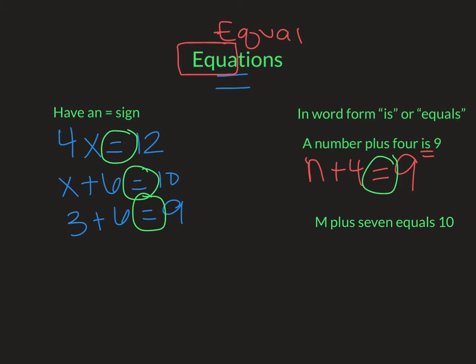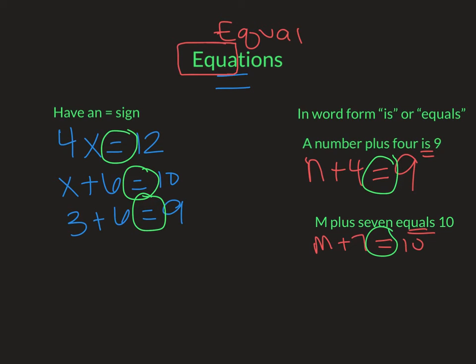Okay, you can see it might be in a variety of different ways. M plus 7 equals 10. So if we were to write this out, we would say m plus 7 equals 10. The word equals tells us that we are going to have an equal sign. So that is an equation.